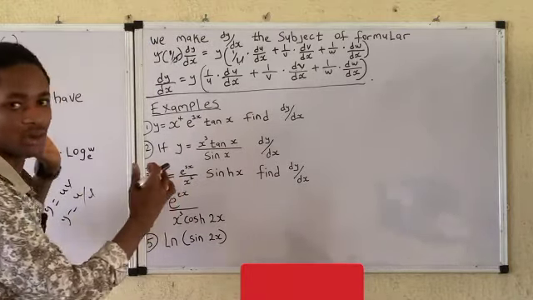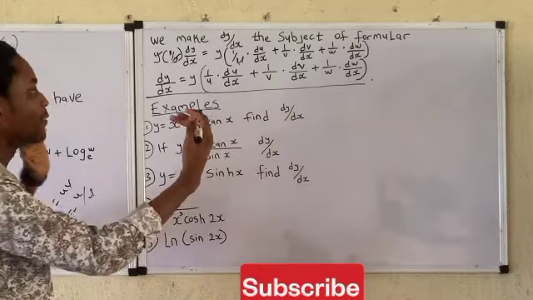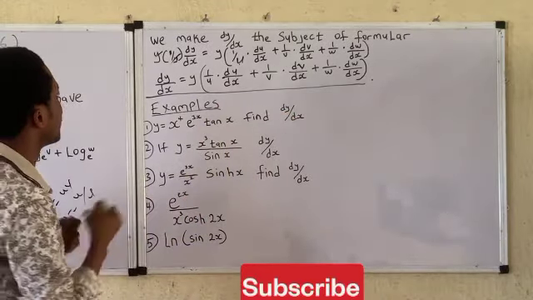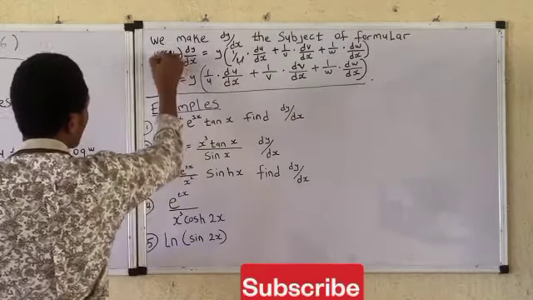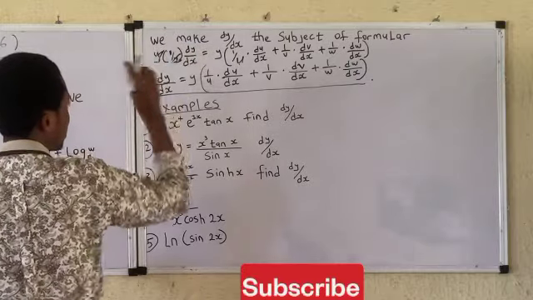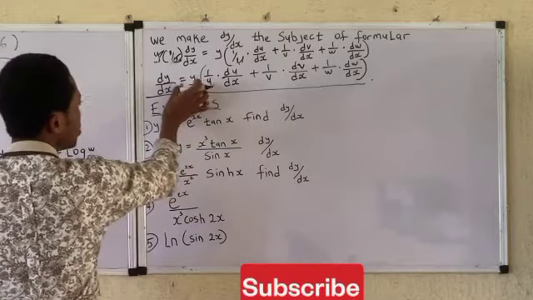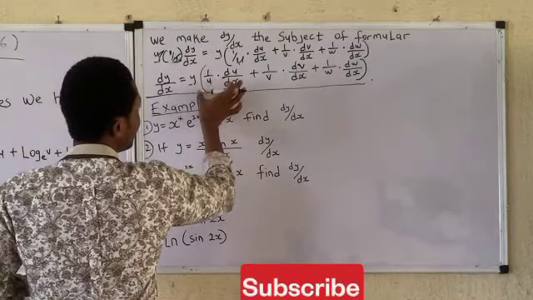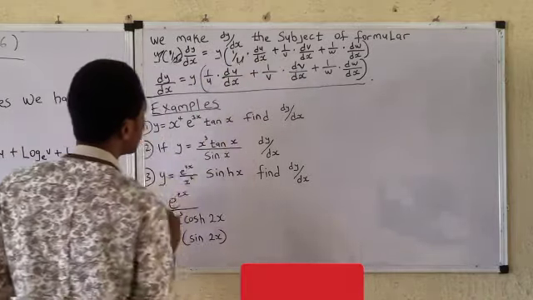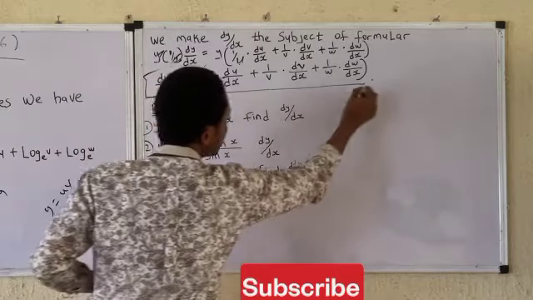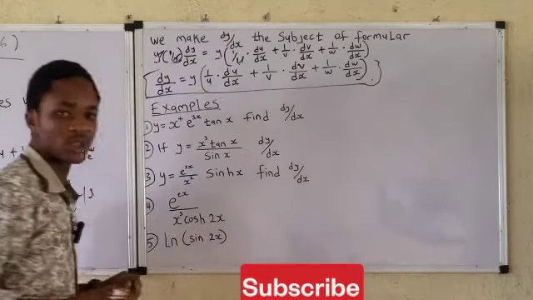Y cancels y, giving us 1, so 1 times dy dx gives us dy dx equals y times the rest. Now, everything here we'll repeat here. So this is the formula we'll be using in the course of solving.